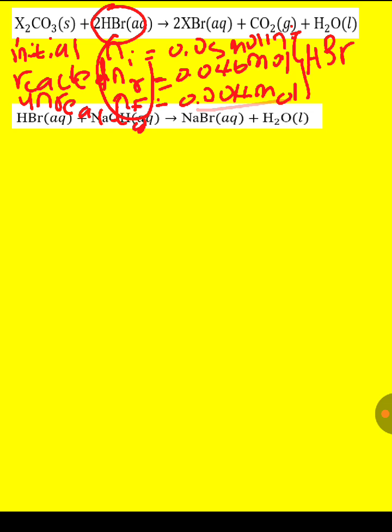Out of these three, the number of moles that you can use in a ratio to get information about another substance is the reacted number of moles of HBr, because HBr is in excess. You can only use the reacted number of moles in a ratio to get the number of moles of the other substance. So the aim is to get the number of moles of this. After getting the number of moles, I go and get the molar mass of this substance so that I can identify the name of the substance or the name of the element.